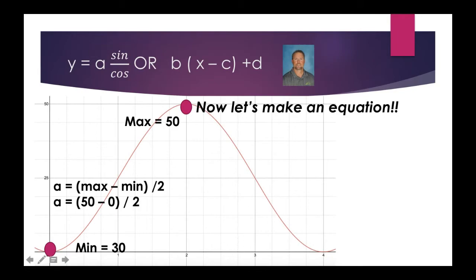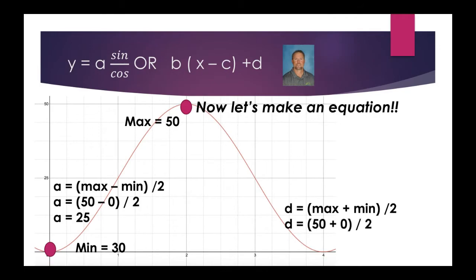Old news, old thing. Mr. Klein made a mistake. Max minus min over 2, 50 minus 0, which is 50. Our A should be 25. Our D, likewise, max plus min over 2. That's 50 plus 0 over 2, which is 50 divided by 2, 25.